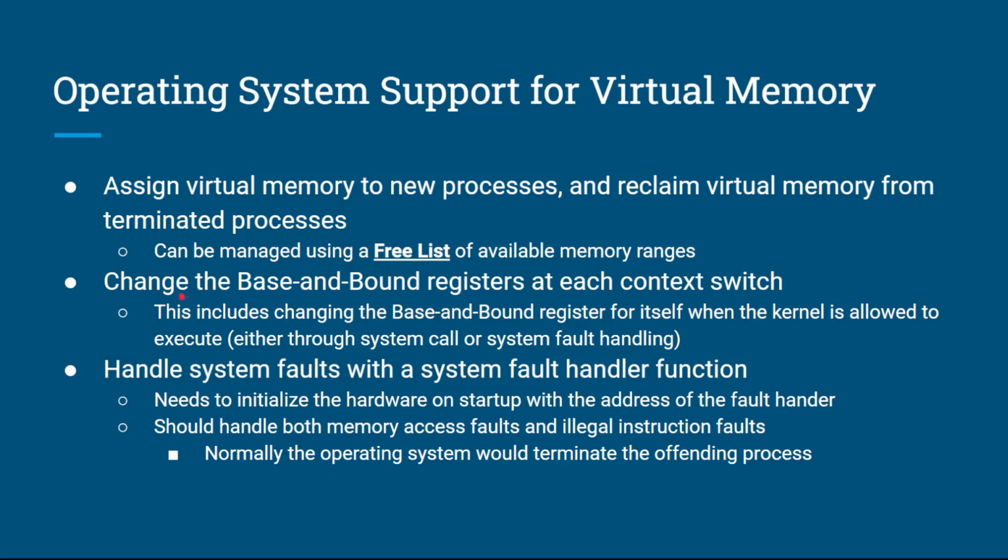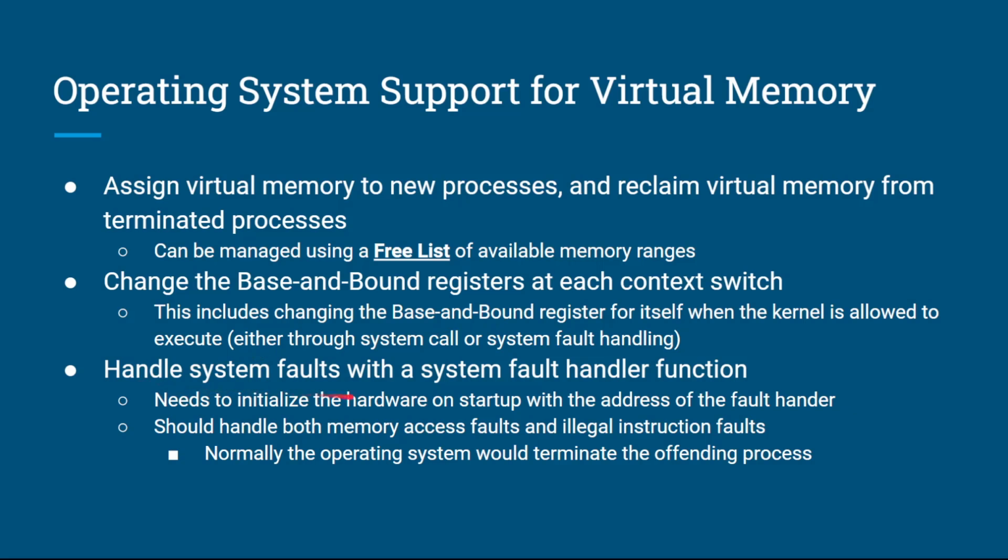The operating system needs to change the base and bound registers at each context switch. So whenever a process is being scheduled and it's already been allocated memory, the operating system will change the base and bound register for the specific process and then allow the process to execute.